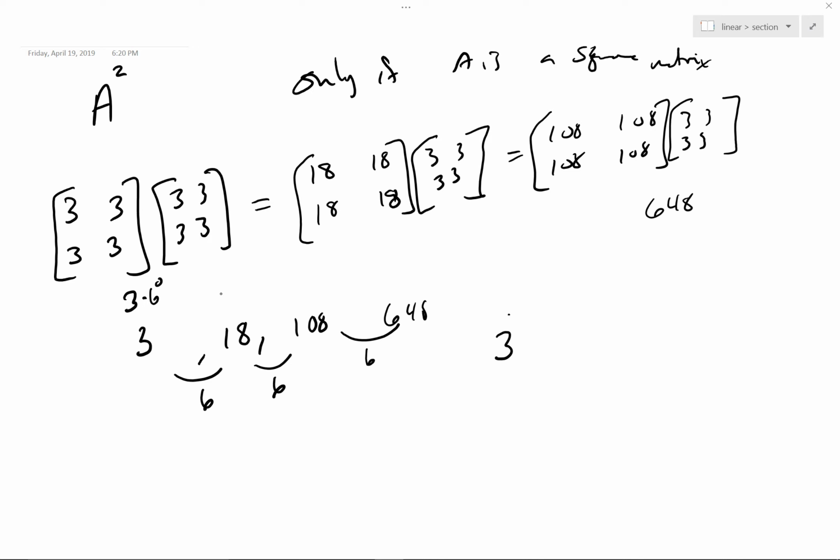I was a little off kilter there. There we go. This is 3 times 6 to the 1, 3 times 6 to the 2, 3 times 6 to the 3, and so forth. So in other words, A to the nth power would be equal to 3 times 6 to the n minus 1.